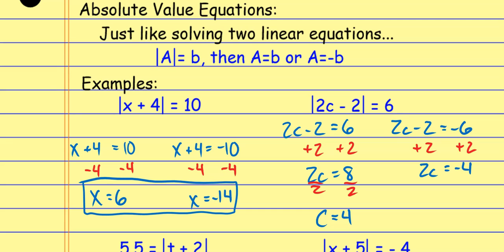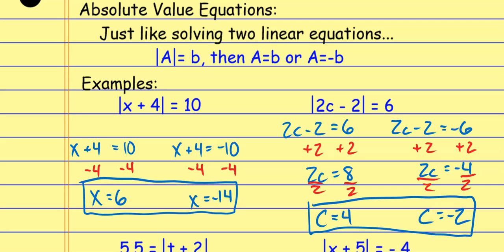To undo multiplication, I use division, so divide by 2. So I get c equals a -2. That's it. These two c values will give me the two distances that I was looking for. One of them gives me a +6, one of them gives me a -6. Well, those are both the same distance away.